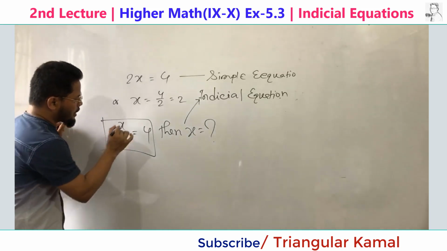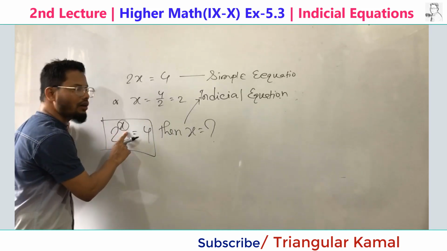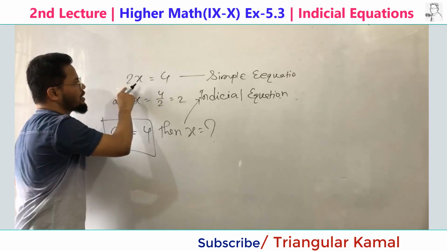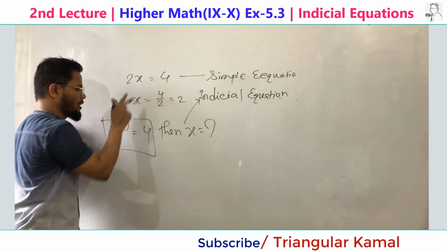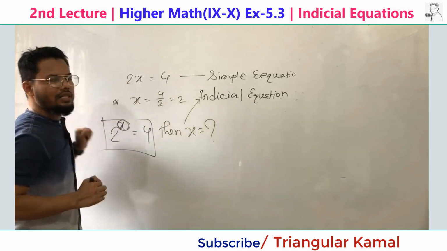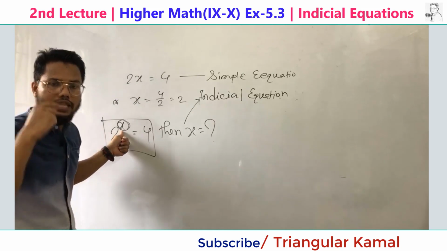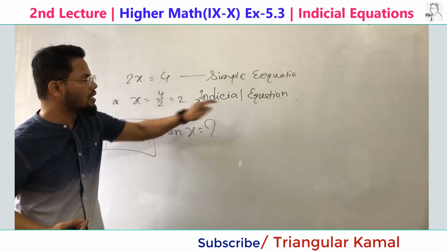Because the variable, the unknown quantity, is in the power. In a simple equation the variable has a coefficient, but here this is the base and the variable is placed in the power position, or index position. That's why we say this is an indicial equation.